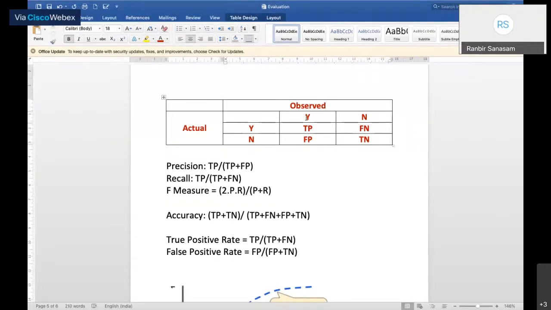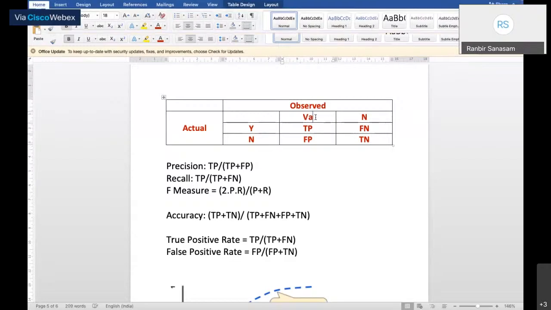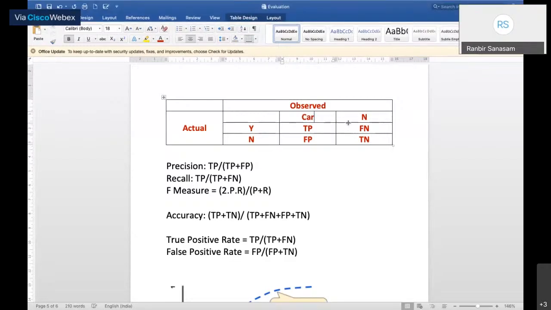What are these yes and no? These are the class levels. Yes is a car, and no is a bike, something like that. I'm assuming yes or no in the binary case, so one of the class levels is yes, and another is no.